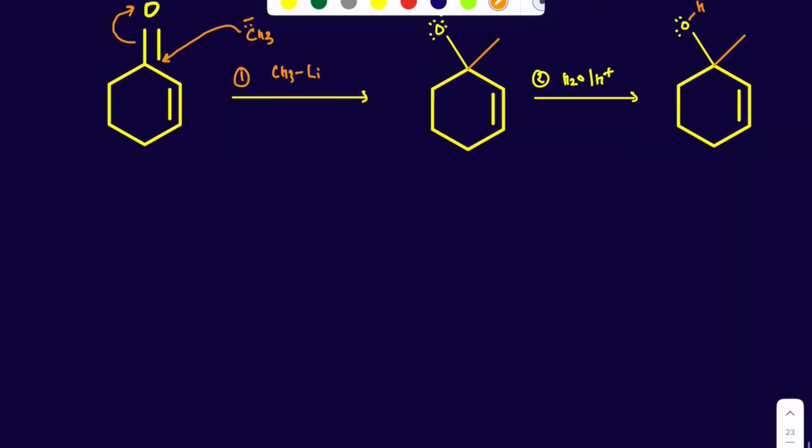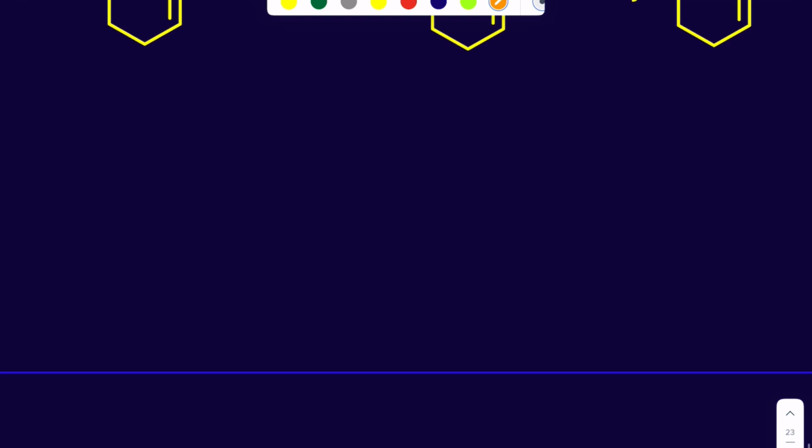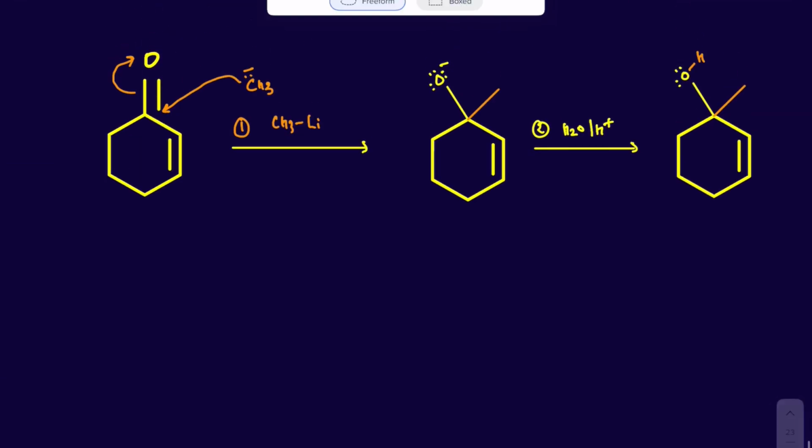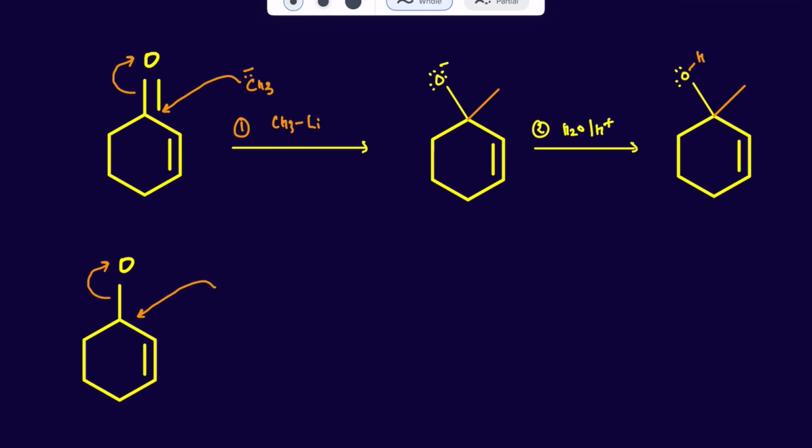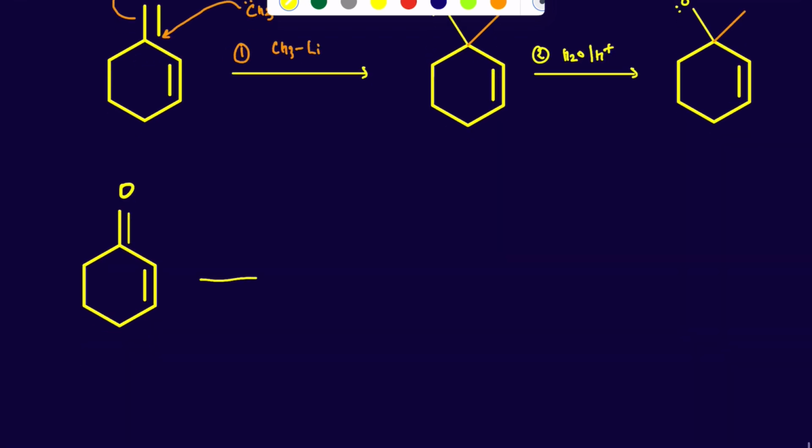But then if I was using something, let's say, I'm just going to use probably the same guy, but instead of organolithium, I'll use organocuprate. So something like CH3 Li here.